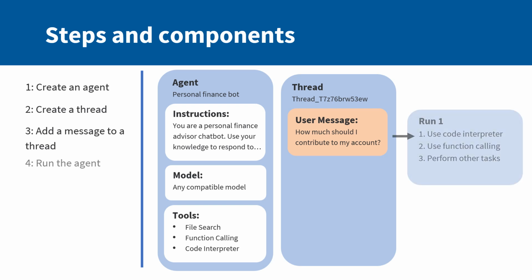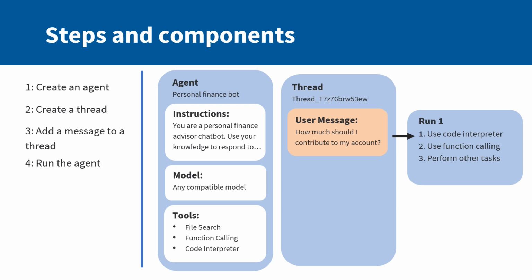And when a run is initiated, the agent processes the messages in the thread and performs tasks based on its configuration. It may append new messages to the thread as part of its response. In this example, we are giving it the instruction, you're a personal finance advisor chatbot, and we provide a question: how much should I contribute to my account?